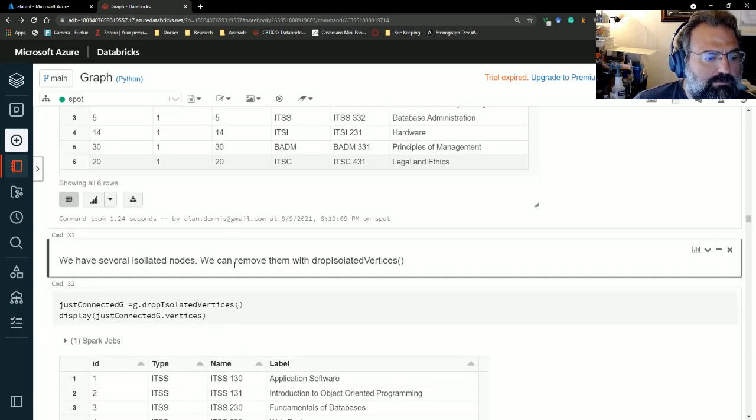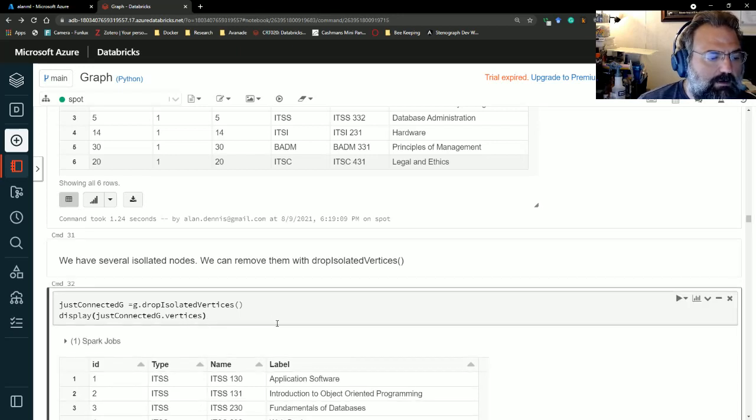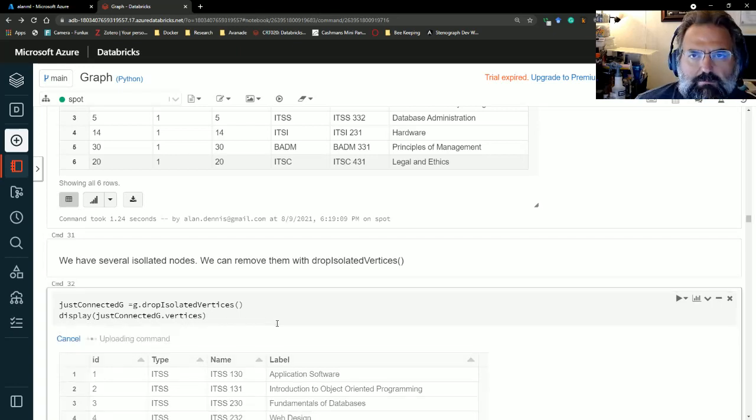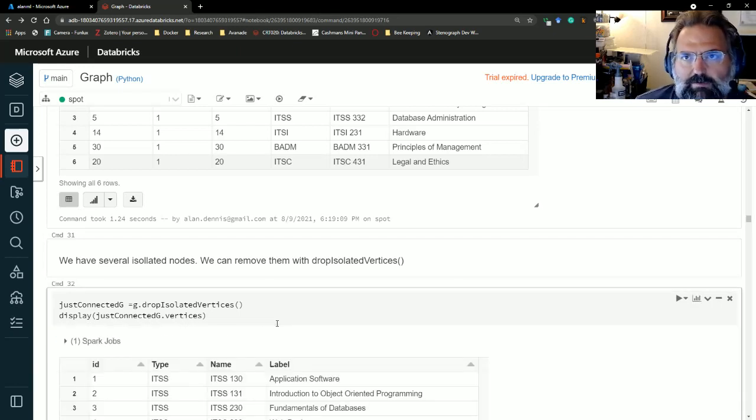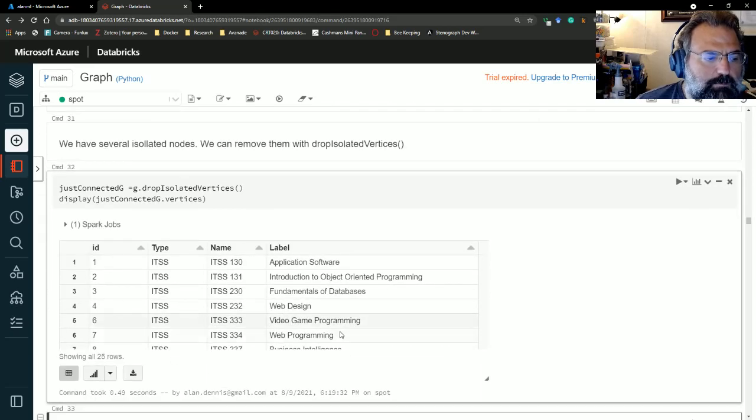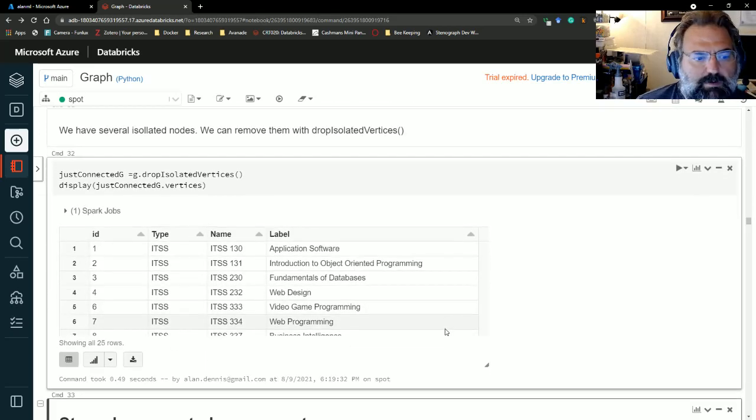And there are also several isolated nodes. If there are, oftentimes you may want to remove them. Removing the isolated nodes just shows you the ones that are connected to something else in the graph. An isolated node is a node that doesn't have any edges to or from it, right? So it could be worth getting rid of depending upon what's going on.